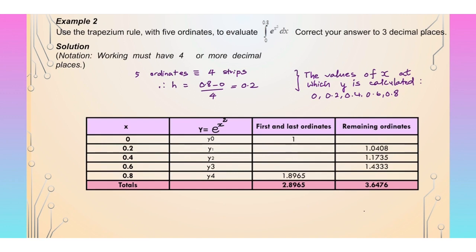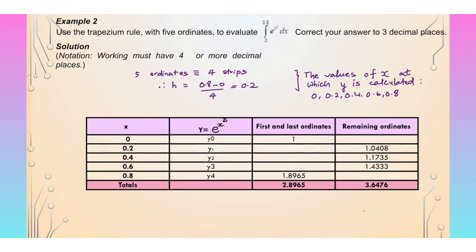And for the remaining ordinates, we shall calculate y equals e power 0.2 squared. x is 0.2, so e power 0.2 squared, then we shall have here 1.0408. And for y2, its value is when x is 0.4.